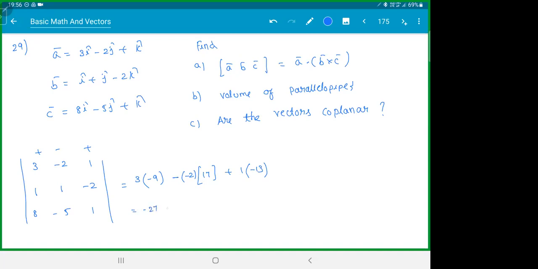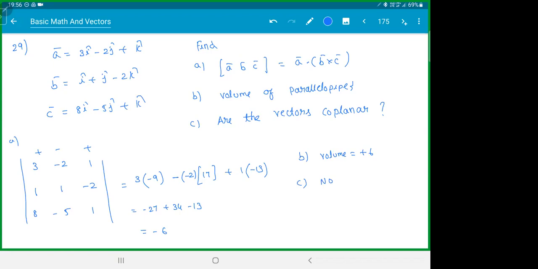This is minus 27 plus 34 and minus 13, which is minus 6. Volume will always be positive, so the volume will be plus 6. Are the vectors coplanar? They're not coplanar. You didn't get 0. Easy. So this is a box product.